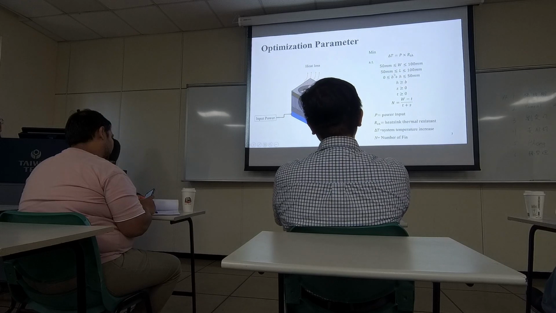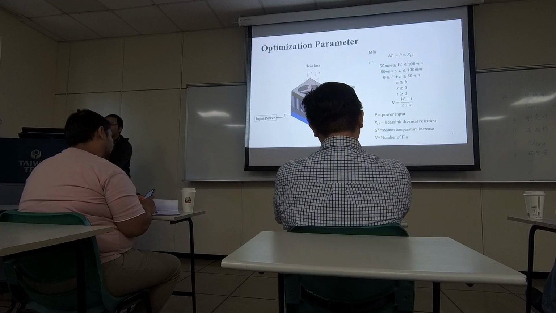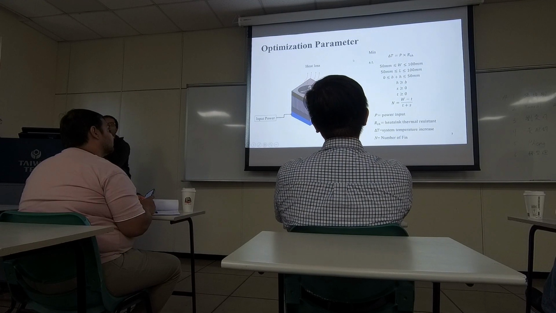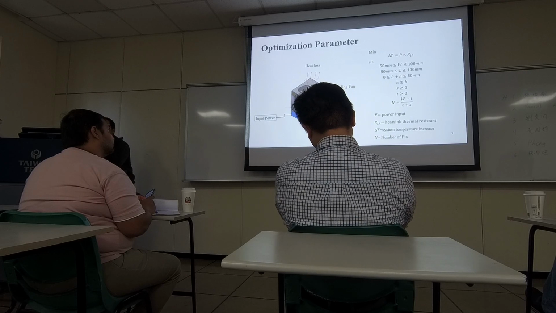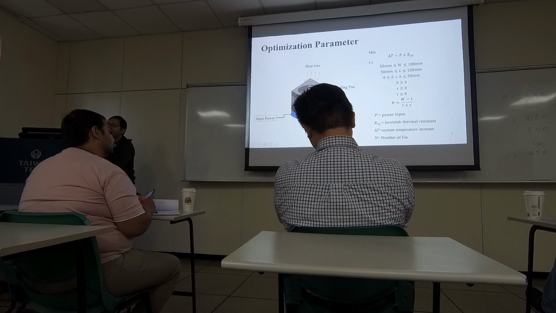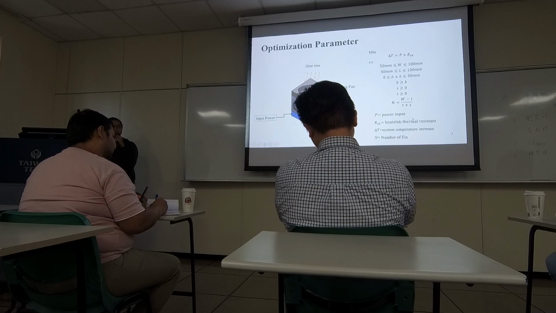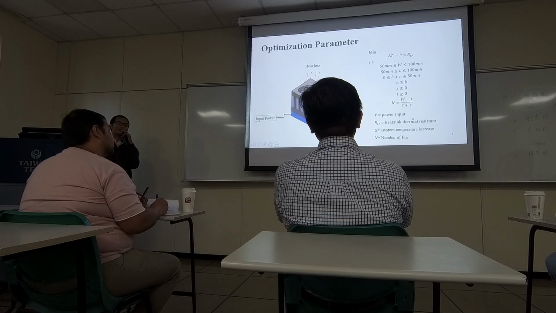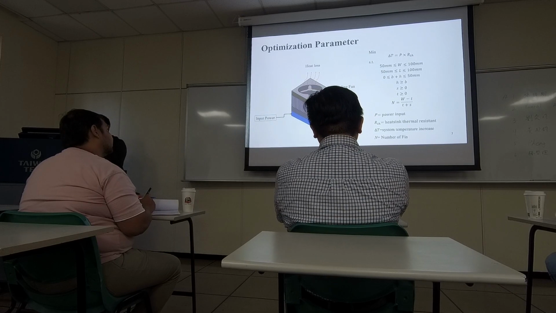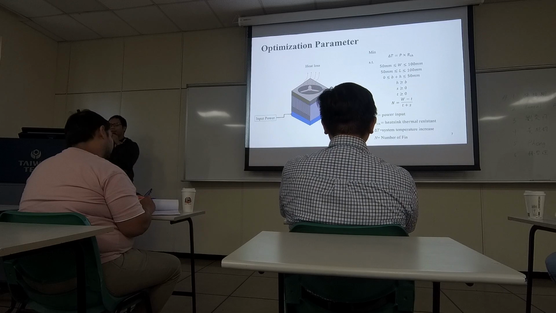Yeah, so here we want to minimize the delta T of the system. So we want to minimize the temperature increase of the system, which is the power input multiplied by the RTH, the heatsink thermal resistance. So we will find the overall resistance of the heatsink, and then we get the result.